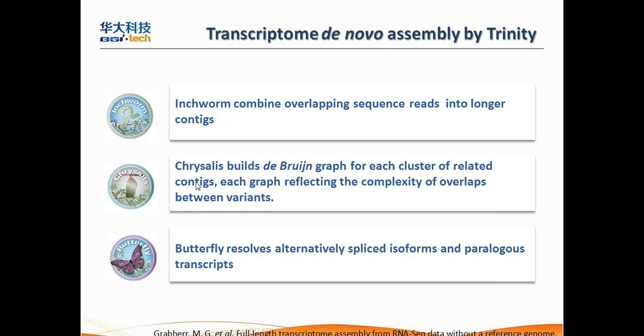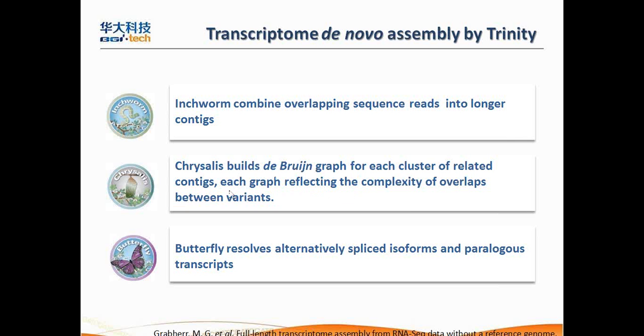And then Chrysalis will use the contigs already generated by Inchworm and try to build the de Bruijn graph for each cluster of related contigs.